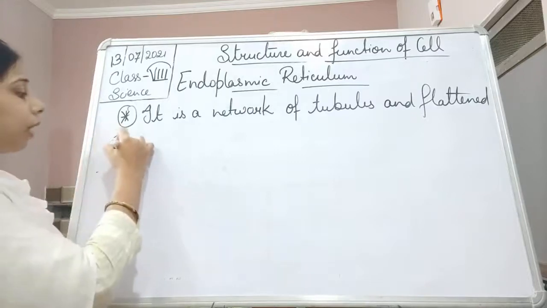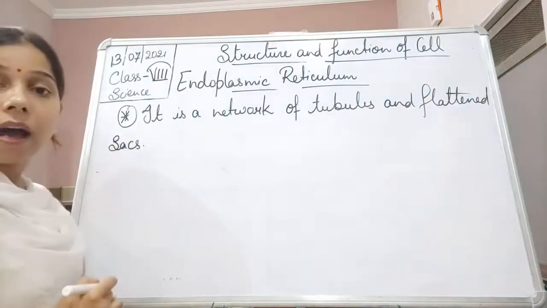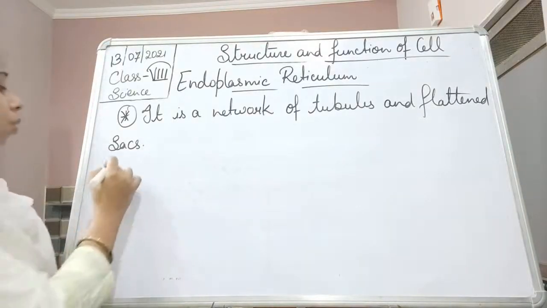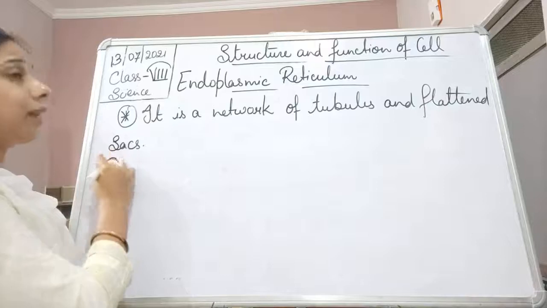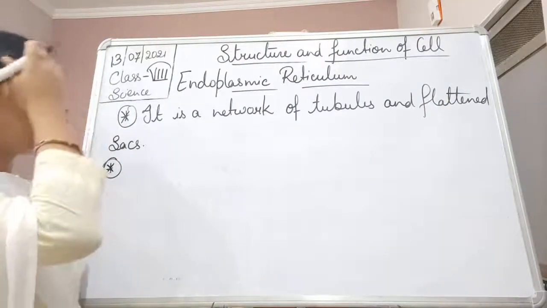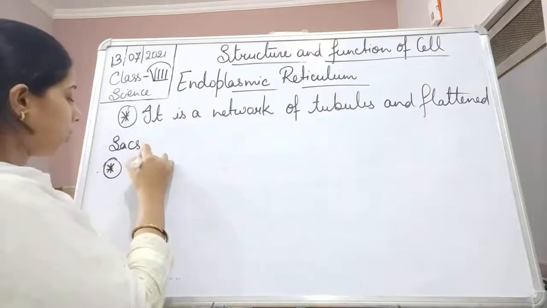These are the network of tubules and flattened sacs, and its role is a lot. So we can say that it serves a variety of functions in the cell.